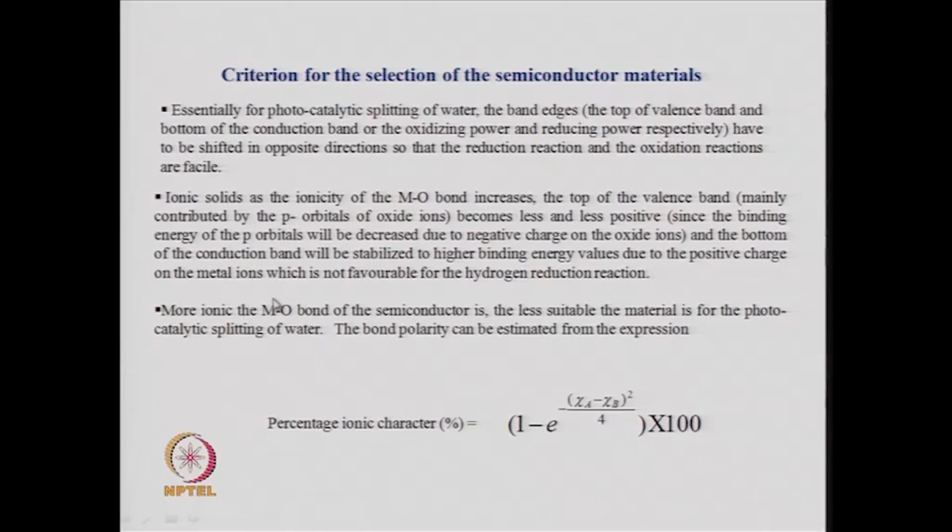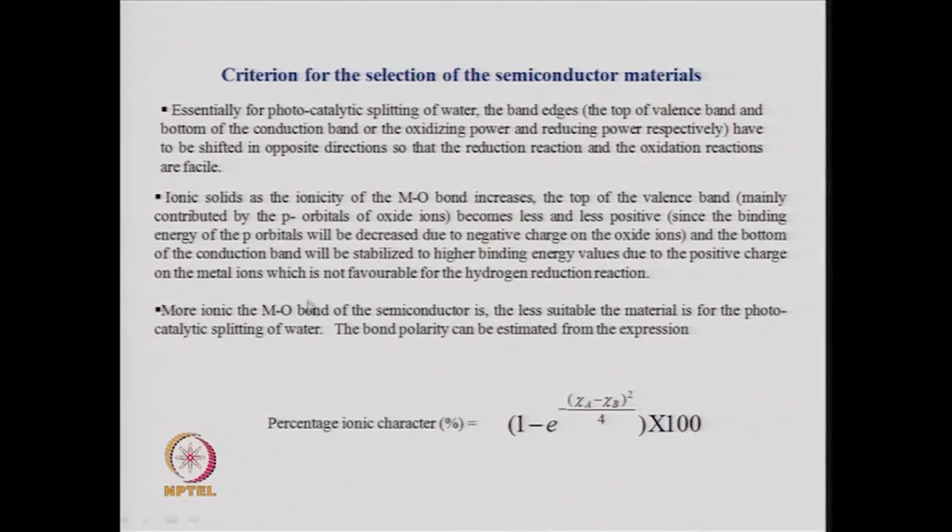The bottom of the conduction band will be stabilized to higher binding energy due to the positive charge of the metal ions, which is not favorable for the hydrogen reduction reaction. So, you want the bottom of the conduction band to be higher and the top of the valence band to be lower for the reaction to occur.